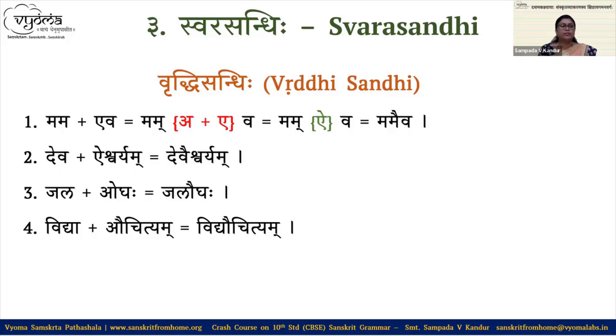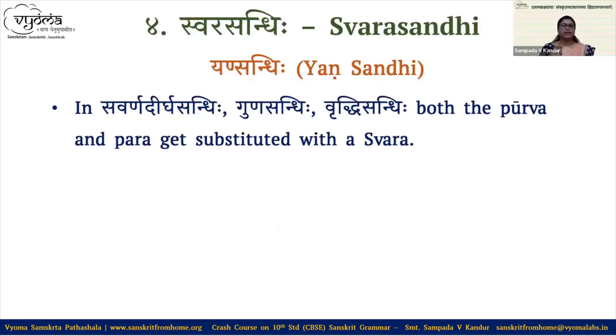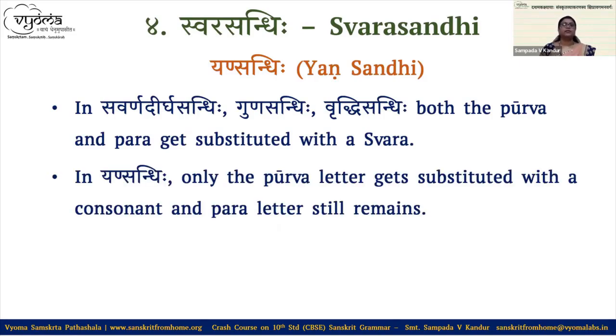Yatha plus audaryam, Yathaudaryam. Ganga plus ogha. I'm sorry? Ganga plus ogha, Gangauha. O plus Au is? Gangaugaha. Yes, very good, Aditi. Good. Next, let's start with next type, Yan Sandhihi.